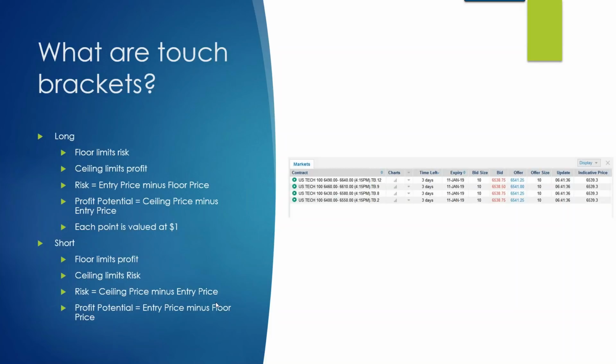Now, your risk, if you are long, is your entry price minus the floor price, okay? Your profit potential is the ceiling price minus the entry price, okay? Each increment, and it should not be point, it should be increment, is valued at $1, okay?